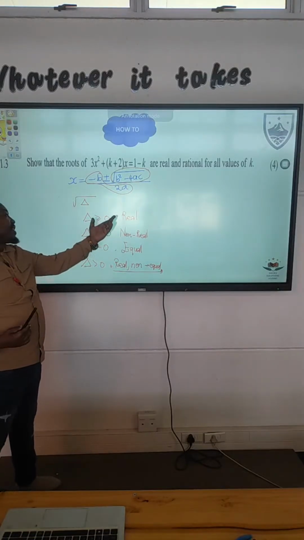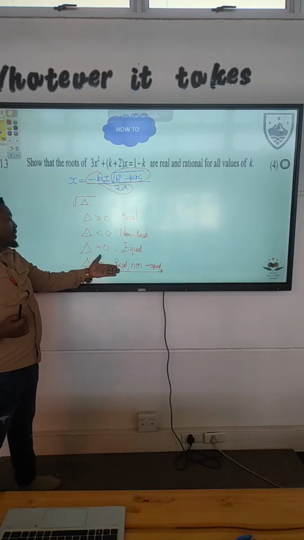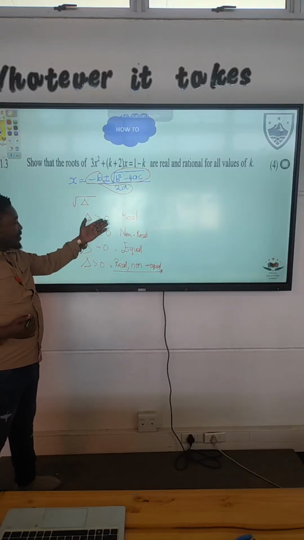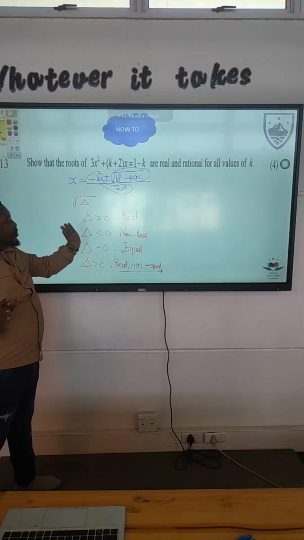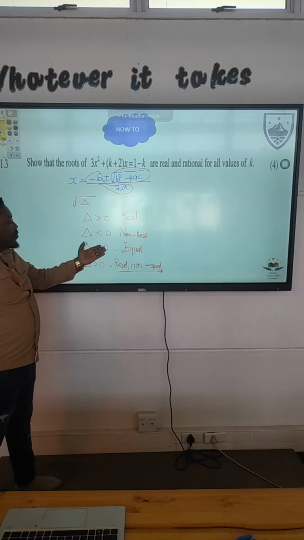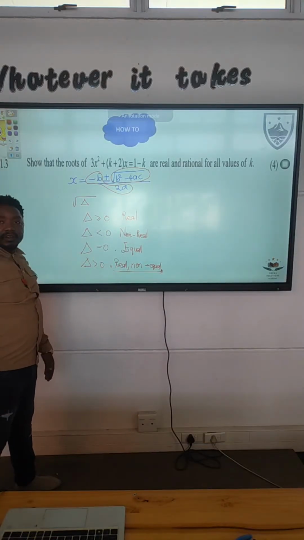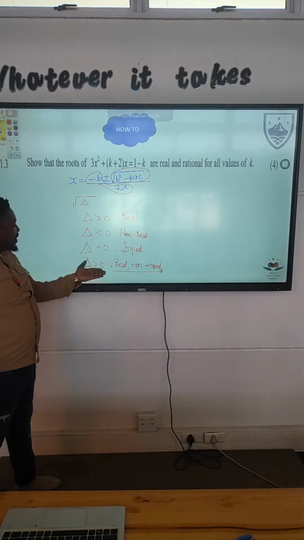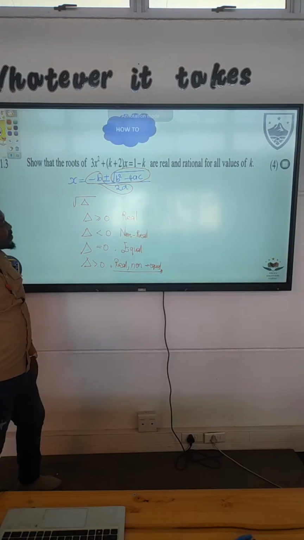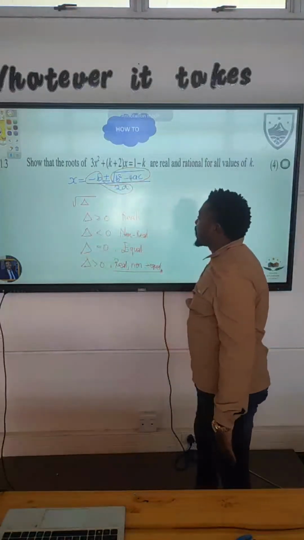So here they are just real, they can be equal, and they can also be non-equal. But if it's less than 0, we know they are non-real. And then if it's equal to 0, they are real. It's just that they are equal. And if it's greater than 0, they are real and unequal.